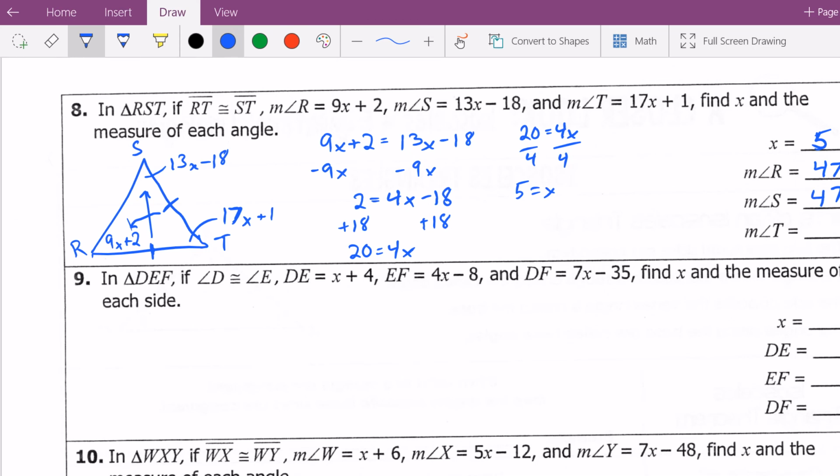Now I can also plug into the last one. 17 times 5 plus 1 gives you 86. You do not necessarily have to plug into the last one, because once you had the other two, you could have just added them up and subtracted from 180.